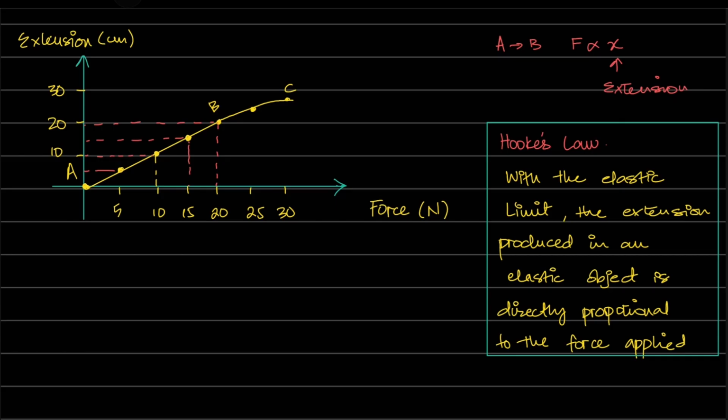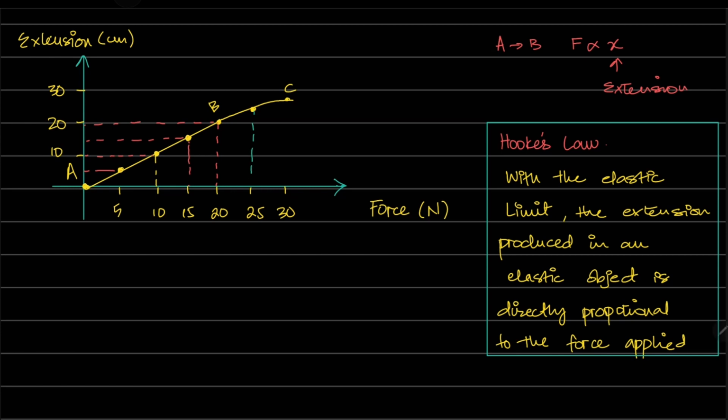Now, point A to point B is where Hooke's law is valid, where there is an equal amount of extension with an equal change in the force, right? From point B onwards, you see that there is a slight change.